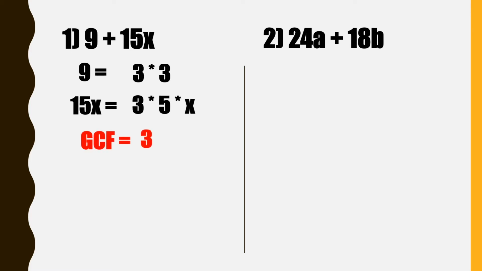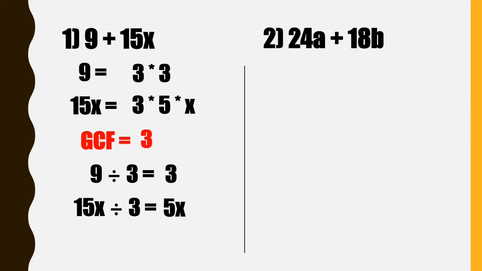Since nakuha na ang greatest common factor, siya ang divisor ng each term. What are the terms? 9 and 15x. So, 9 divided by 3 and 15x divided by 3. What are the quotients? 3 and 5x.